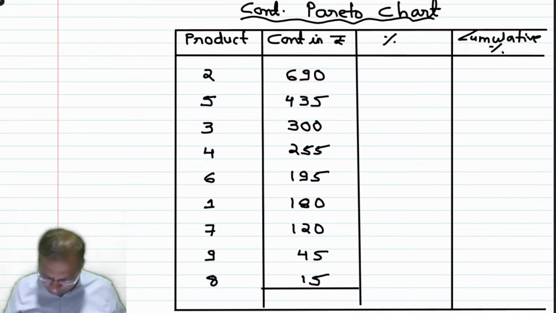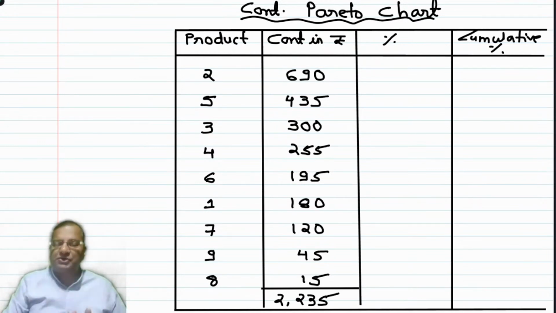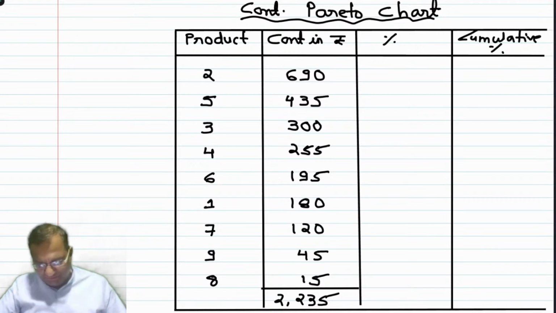It's 2235. Okay, it's 2235. Now we have to convert this contribution in rupee in percentage basis. So 690 rupee of contribution divided by 2235.